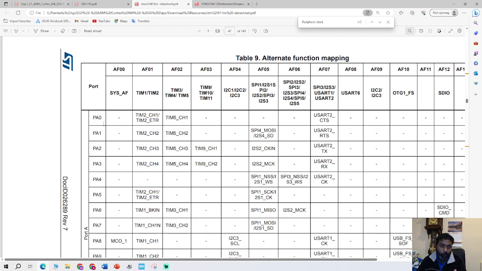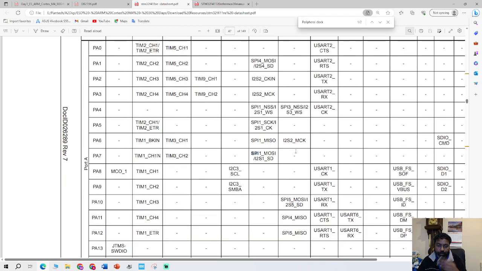Because as you can see, port A pin 0 can be used as a timer, and it can also be used as a UART2. For example, pin 7 can be used as timer 1, it can also be used as a SPI. So likewise, every pin has its alternate functionality.